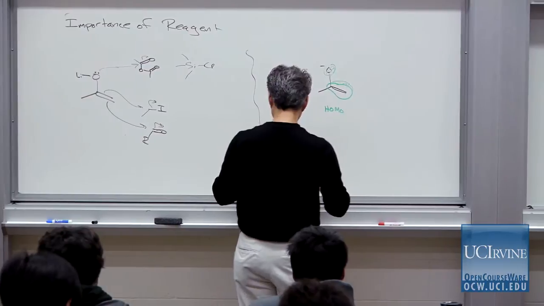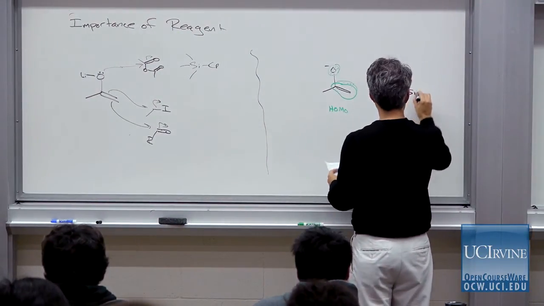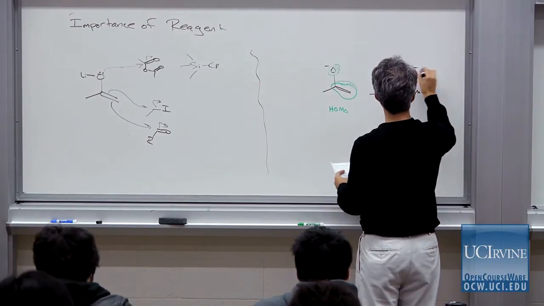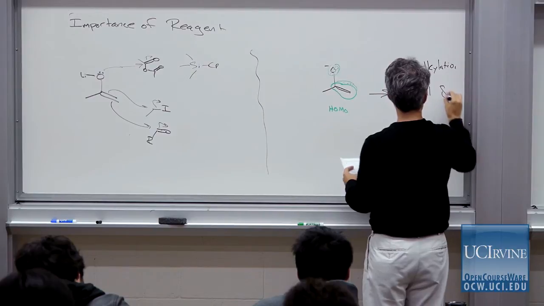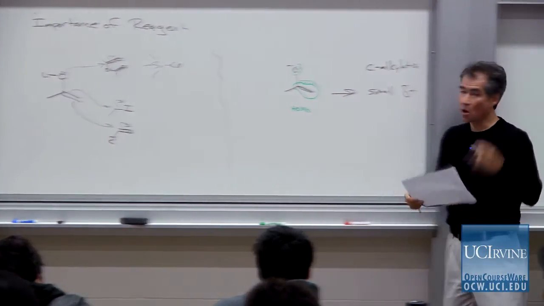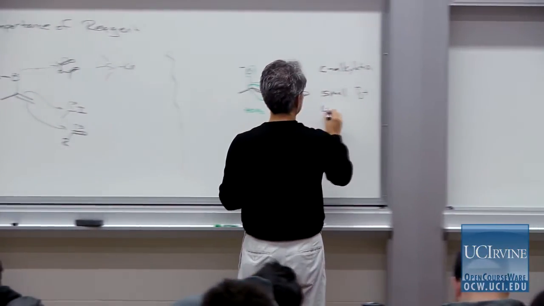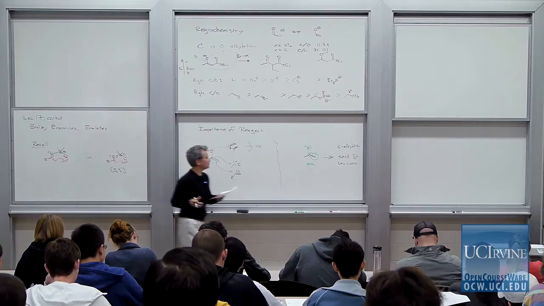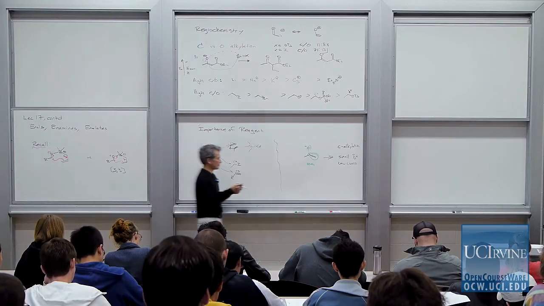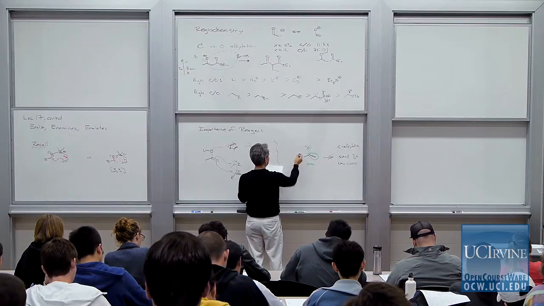So if you want C alkylation, you want electrophiles that have small partial positive charge. You don't want really charged electrophiles. And you want electrophiles that have low LUMOs, because it's a HOMO-LUMO driven interaction.